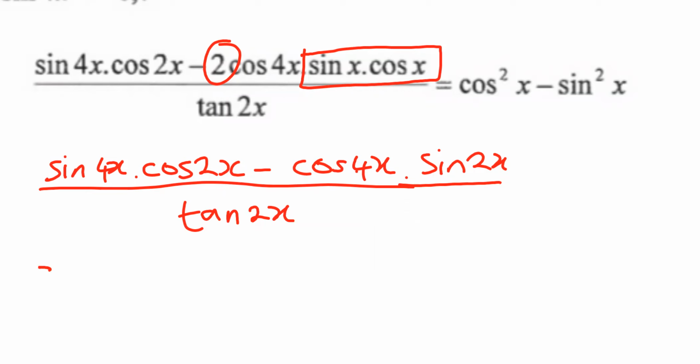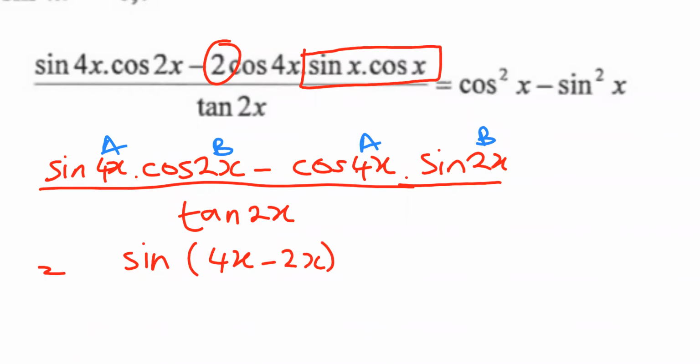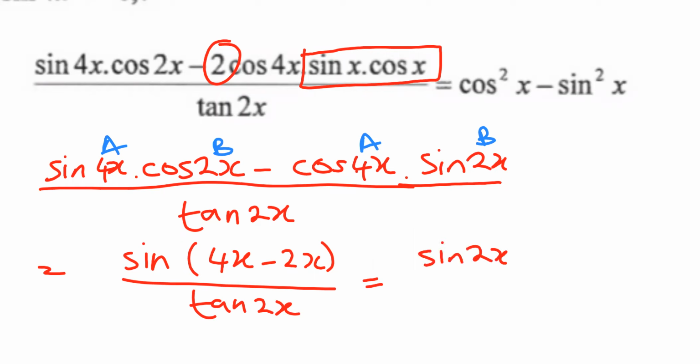So the compound angle on top is the compound angle for sine A minus B. The A is the 4x and the B is the 2x, so we can say 4x minus 2x, which is equal to 2x. So basically you have sine 2x being divided by tan 2x.